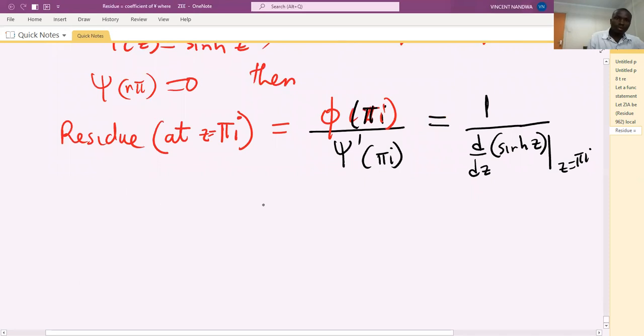So that will be 1 over hyperbolic cosine of pi i, since the derivative of hyperbolic sine is hyperbolic cosine.